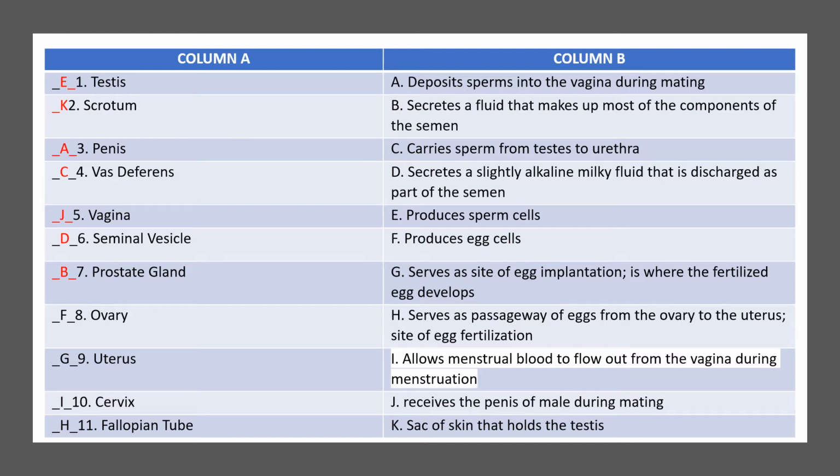Okay, I hope you get it all. So we have already these ideas about parts and functions of male and female reproductive systems. This time, let us now move on with the hormones.